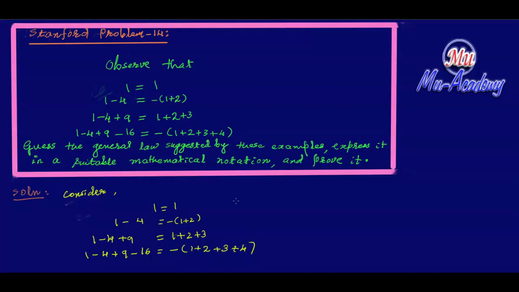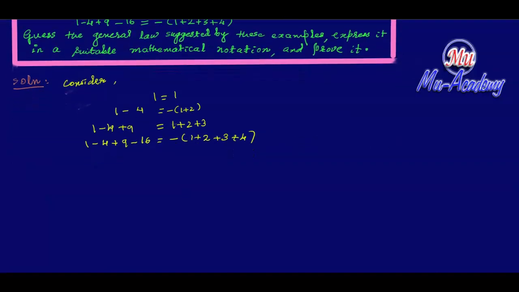Now in the first row, second row, third row, fourth row, observe these rows and you can see here we can write the above table in the following pattern.